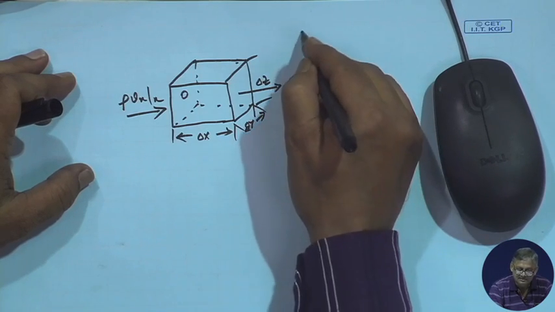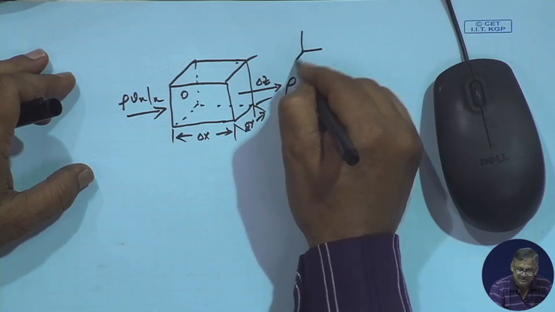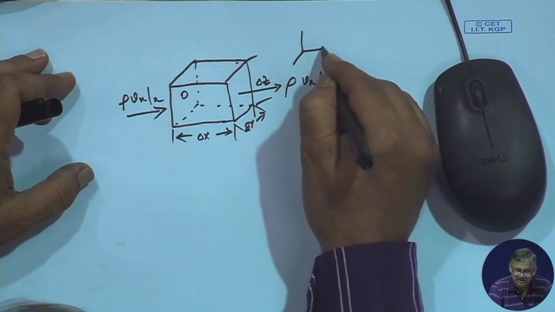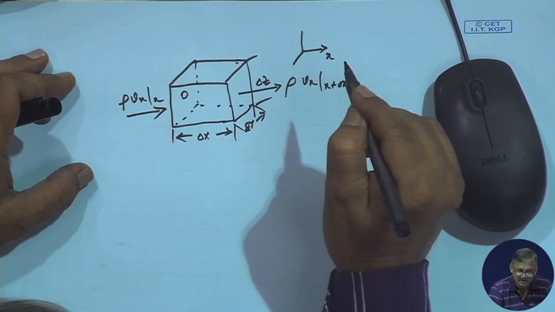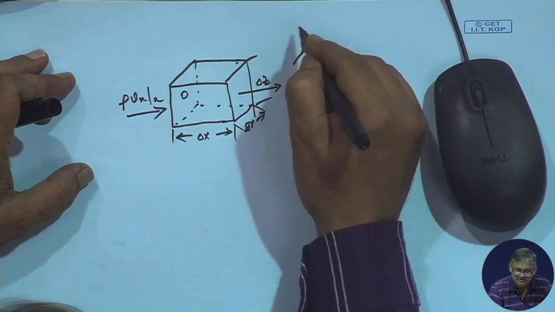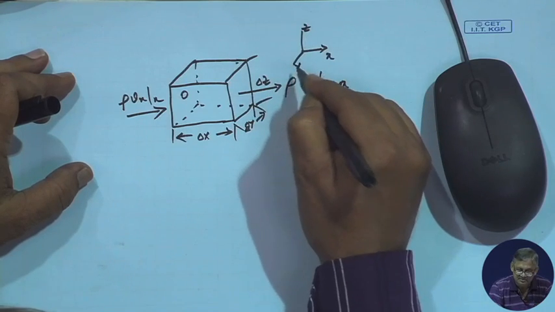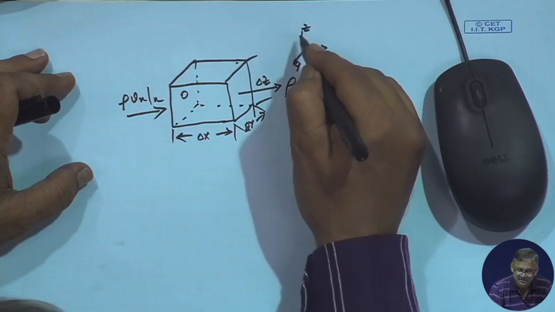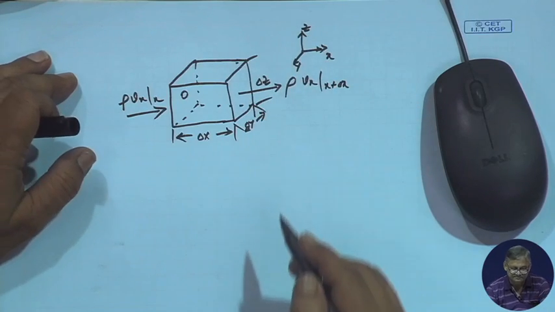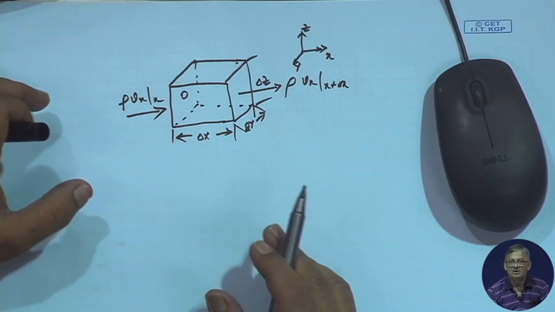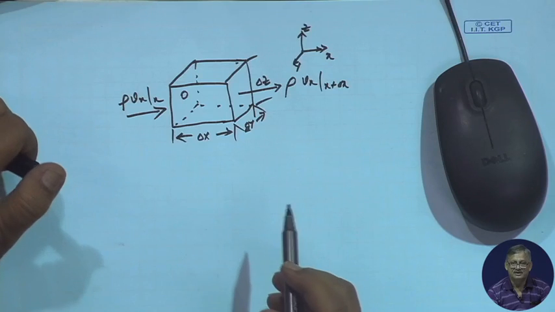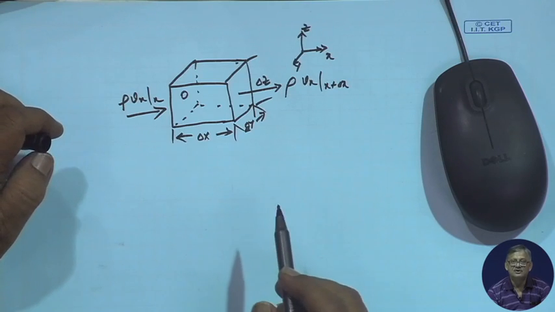This is the Cartesian coordinate system; we have given this axis to be x, this to be z, and this to be y. This small volume element has volume del x, del y, del z, and we will do the analysis on this volume element.